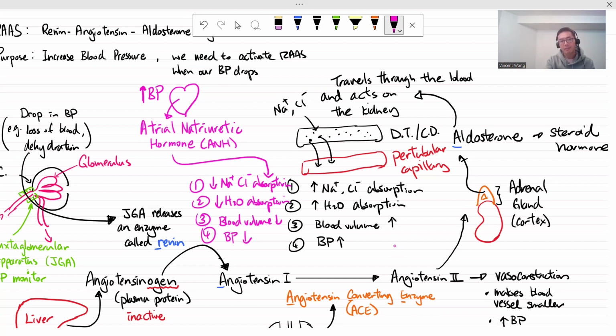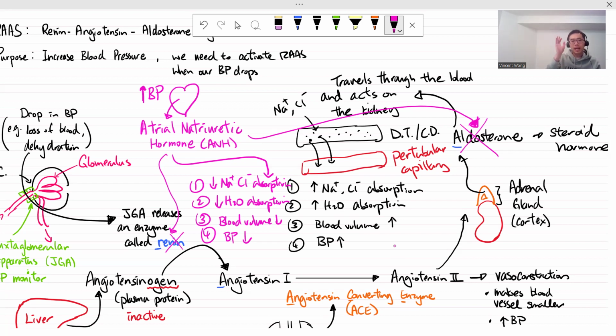But that might not be enough. So ANH is also going to go and prevent aldosterone from being released. I hope you're using a different color, otherwise it's very messy. It's already very messy. And it also goes and blocks renin.